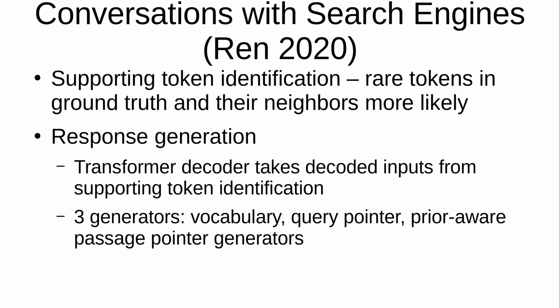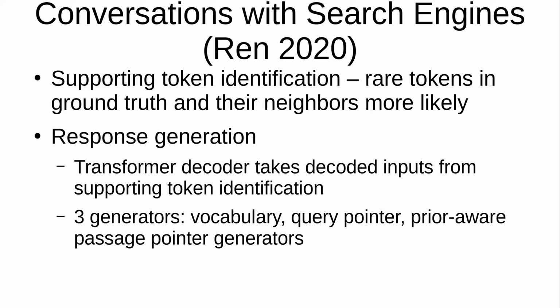So, supporting token identification. Now they identify the passages, but they would like to know which text in the passages is good for response generation. That's what they call supporting token identification. They identify tokens which should be used.